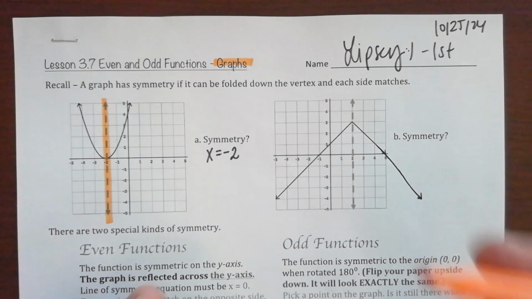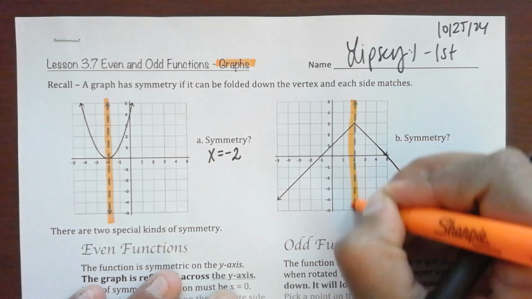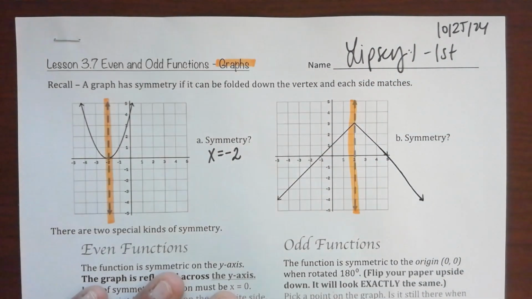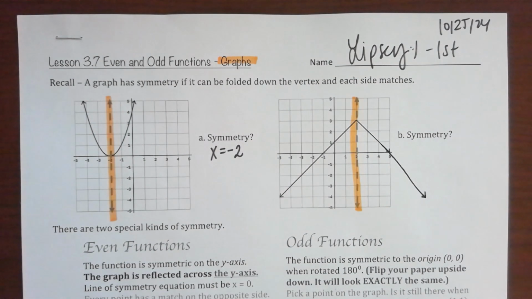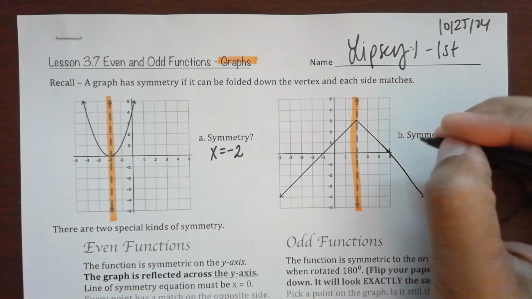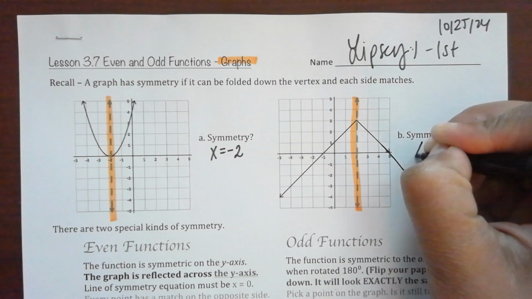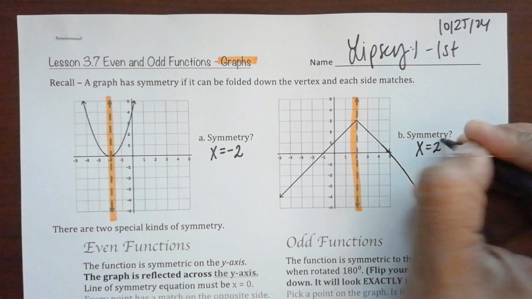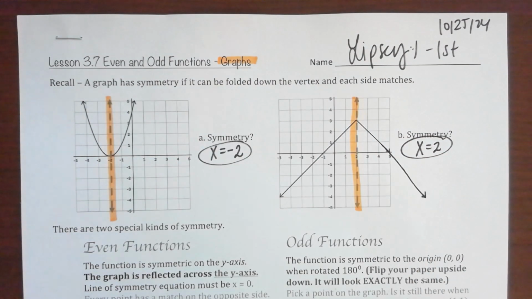So does it have symmetry? It sure does. Where's the line of symmetry? So how would I write the equation? Absolutely. Any questions? Make sense?